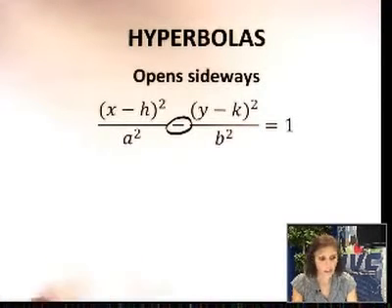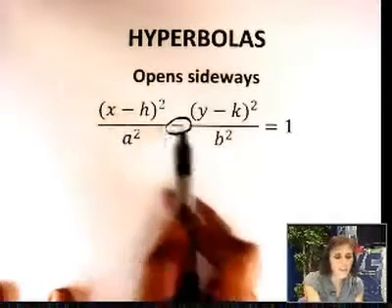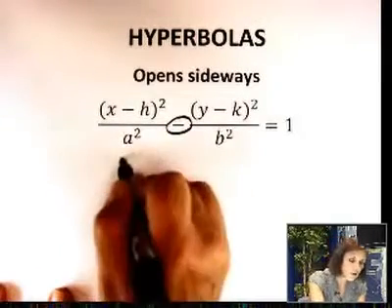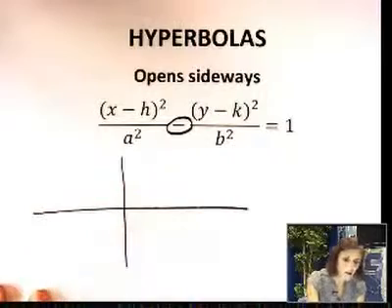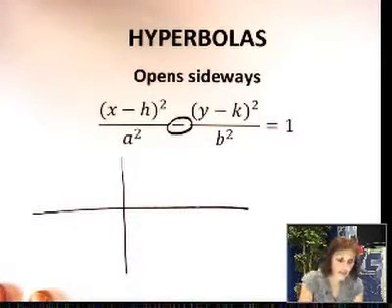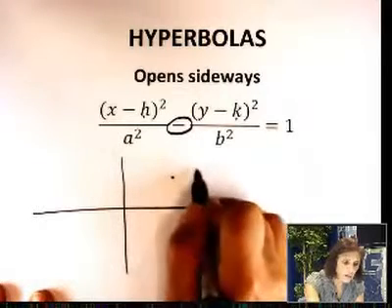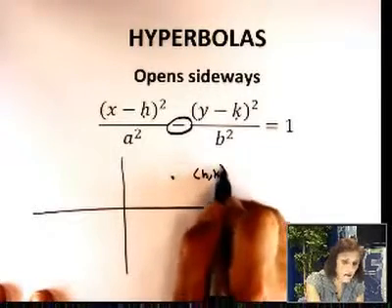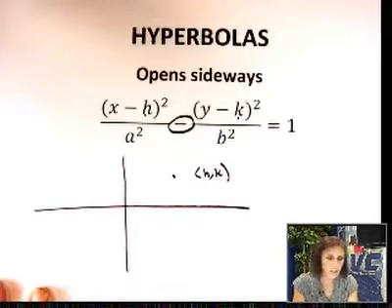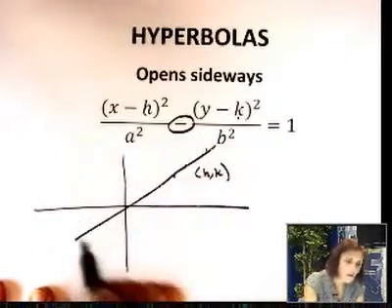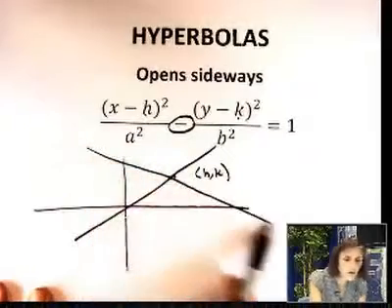Now, if your hyperbola is in this form, x is first and then this negative is in front of y, this is what it looks like. It's going to be centered at h, k. That's easy to remember. Now, it's going to have some asymptotes, and here are your asymptotes.